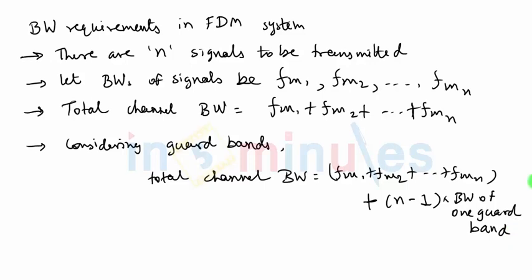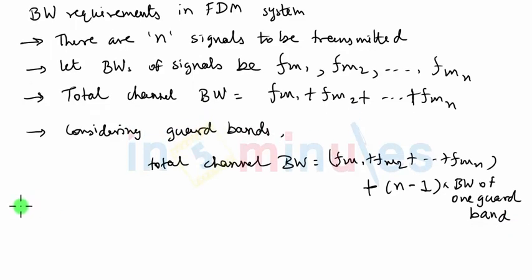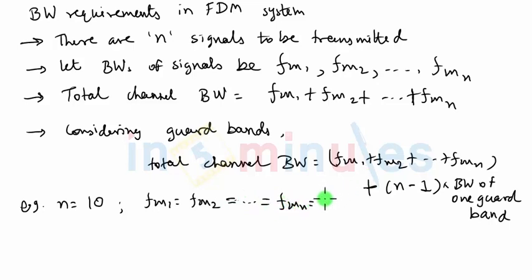So let's take a simple example. Let's say n is equal to 10, that there are 10 signals to be transmitted, and I'm assuming all the bandwidths are exactly the same. Each signal is of bandwidth, let's say, 5 kilohertz. For a simple speech signal, the human speech frequencies vary from 300 hertz to 3.3 kilohertz.